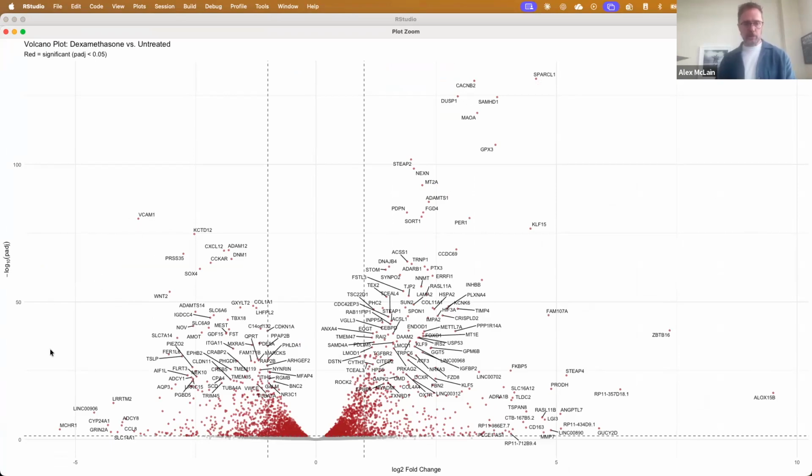Significance is important, but also the fold change is important. So again, something like ZBTB16 may be a little more of interest than some of these variables down here, which have a lot higher significance, but not as big an effect size.